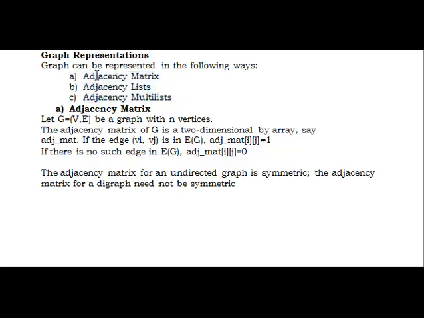The first one is the adjacency matrix. In an adjacency matrix, for a graph with n vertices, there is a two-dimensional array where we store the data, that is g of v1 comma v2, vertex 1 comma vertex 2. Based on this, we store the data using a two-dimensional array.